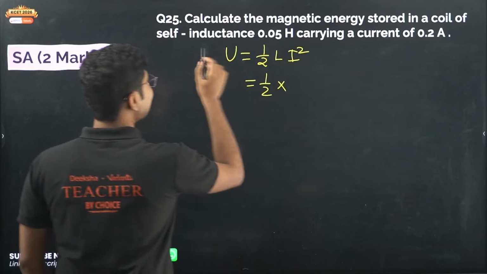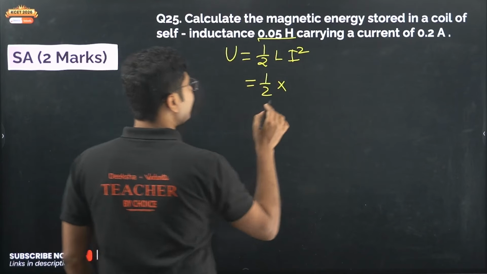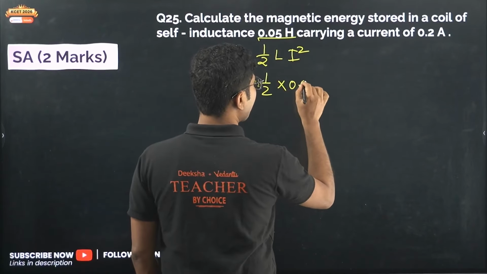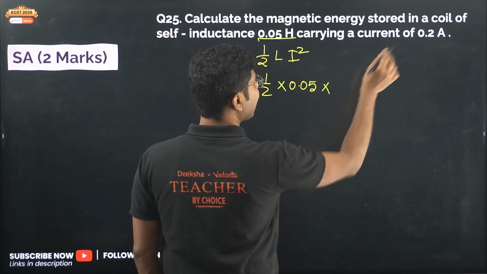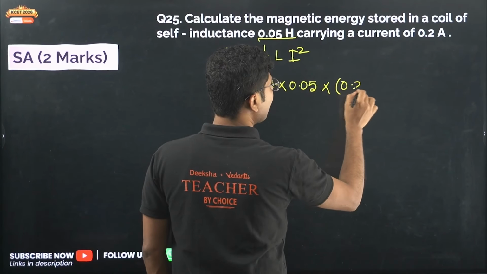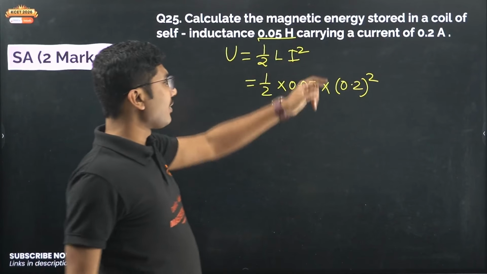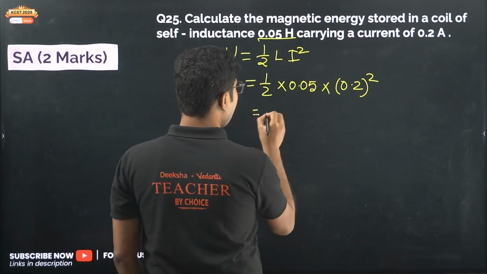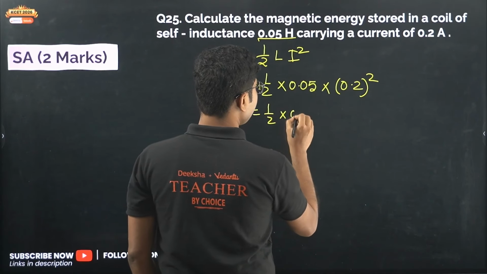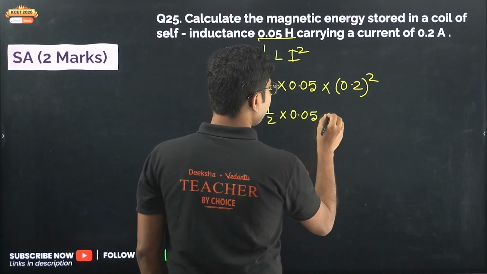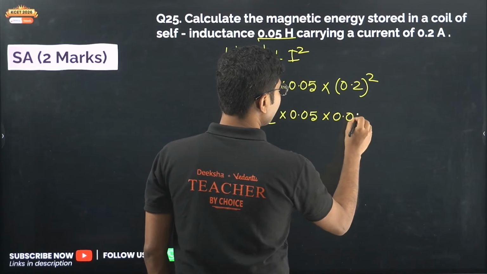Now inductance is given by 0.05 Henry and current is given by 0.2 ampere. So 0.2 whole square, so I square is there. Now let's put that half into 0.05 into 0.04.